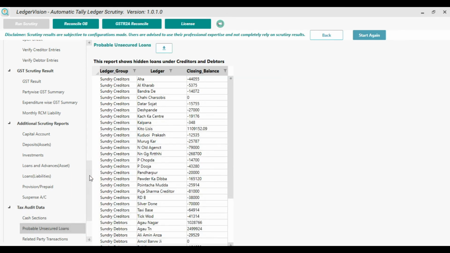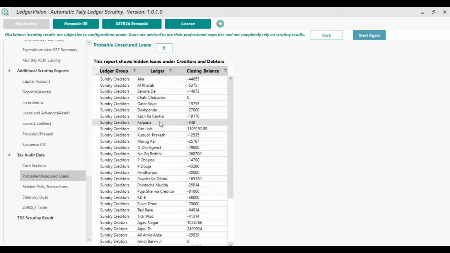This is another report for probable unsecured loans. You can see that these are the debtors and creditors where only receipt and payment entries are there. So no JV, no purchase, no sales entries are there.